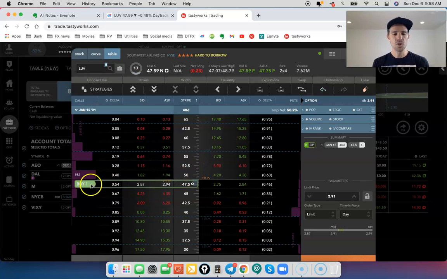One of the things this strike price means for us is, if I buy a $47.50 strike price on Southwest Airlines, let's say Southwest goes up to $60 over the next month, I have the option to sell my contract that I paid, say, $250, $300 for.